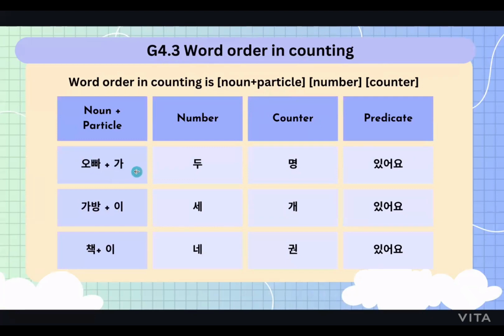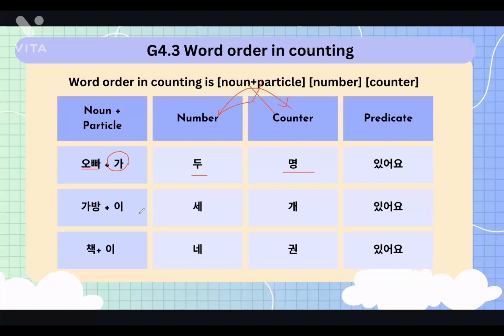So here, 오빠가, I have 2 older brothers. Here the noun is 오빠 and then the proper particle 가. And how many? 2. Always remember, after the number, you should put the counter, 명. If you put the counter before the number, like if you exchange it, it's very ungrammatical. So it's incorrect. Always put the counter after the number.